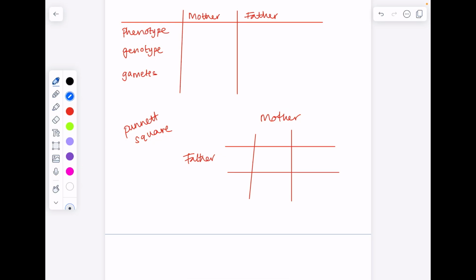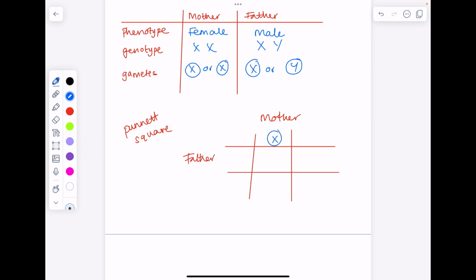So we know that the mother is going to be female, the father is male. I've already said that the sex chromosomes in females is XX, in males it's XY. So that means all of the female's eggs will contain an X. Half of the male sperm will contain an X, the other half will contain a Y. And again, you're ready to get going.